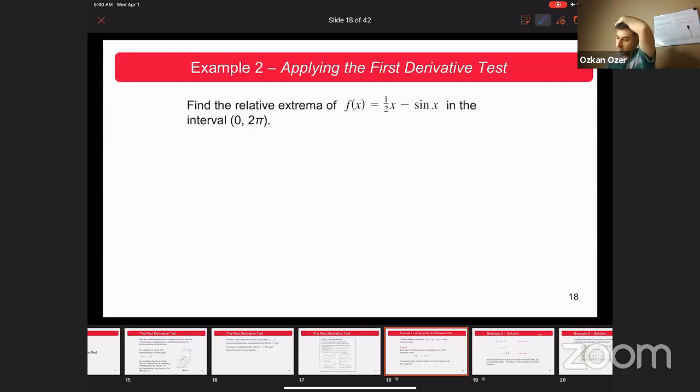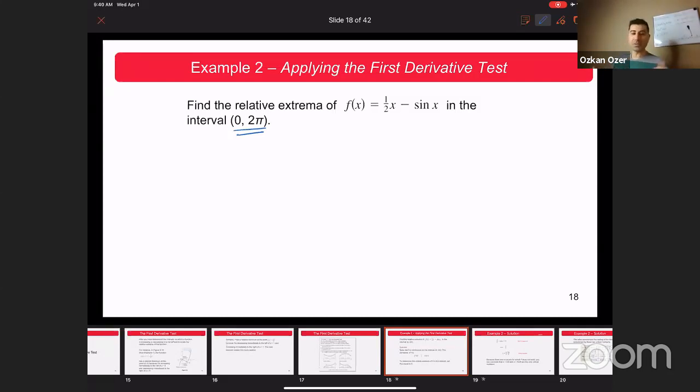The first question that we're going to check is for the function f of x equals 1/2 x minus sine x, and the interval is provided to us. So we're going to consider this function only on this interval. In other words, we're going to investigate increasing, decreasing behavior of the function only on this interval.